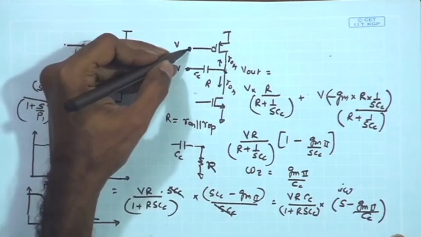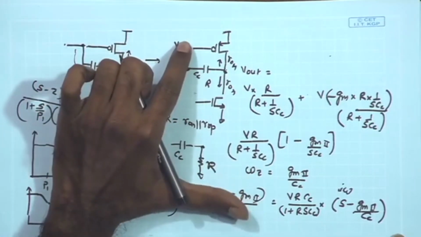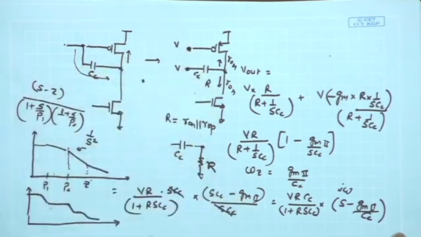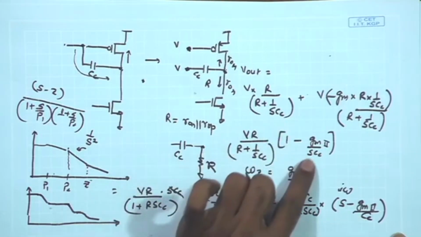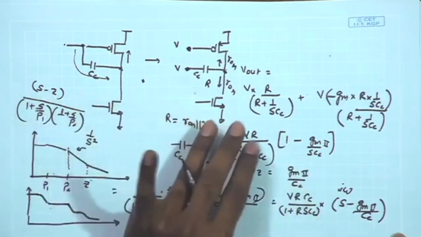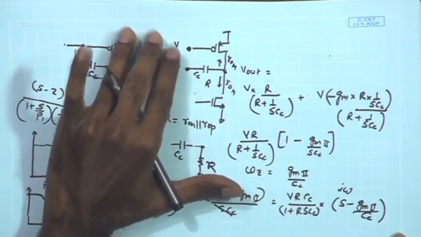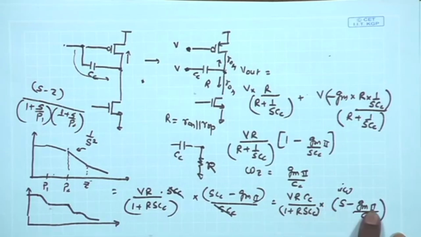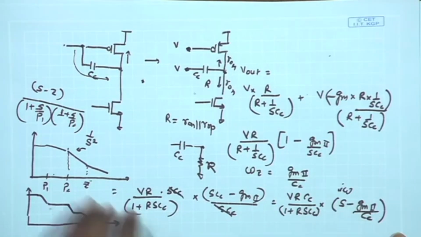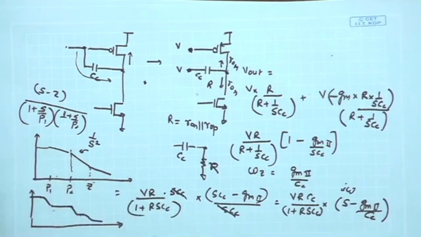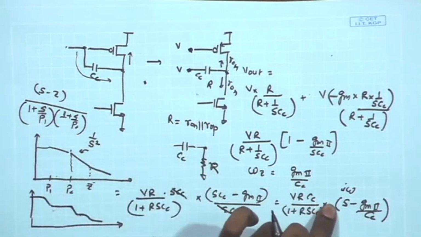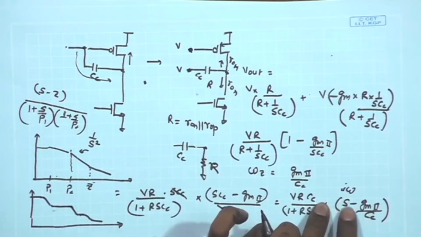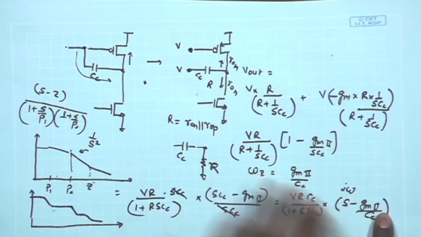So, if I look at the signal from here, you have overall negative sign coming from the previous stage and multiplied by that it will give you an expression which is minus gm pi cc minus gm. So, that is already giving you a negative sign. So, this will basically be gm upon cc minus s. So, it will get inverted.